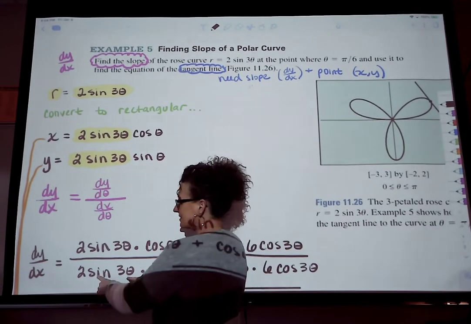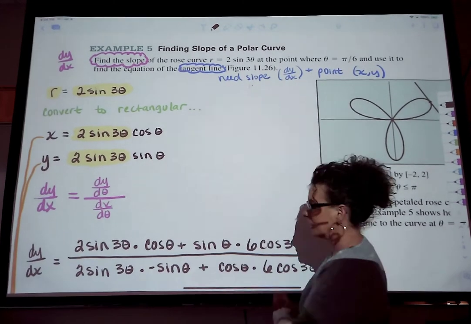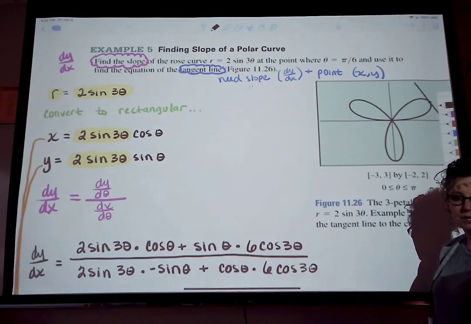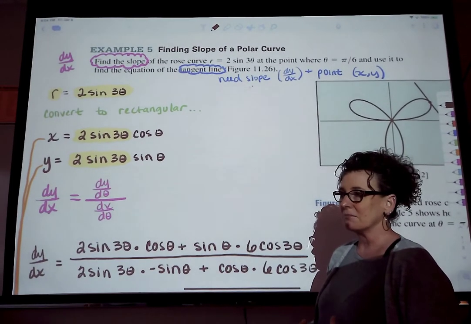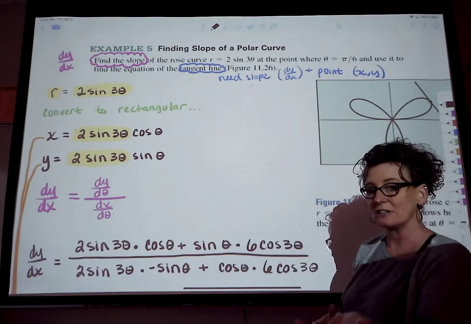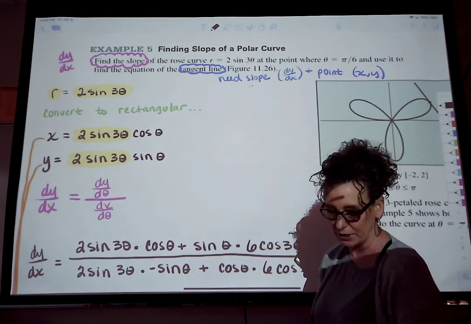On the bottom is dx/d theta. So again, 1 d2 plus 2 d1. You can simplify that if you want, but I think it'd be just as much work to simplify it as it would be to just go ahead and sub in pi over 6 at this point. So I did.